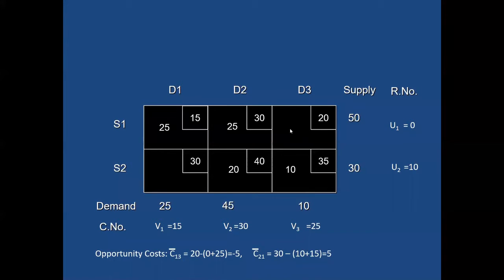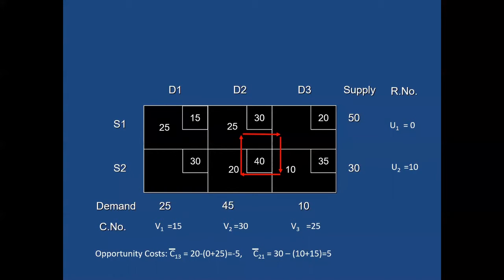So if I start the circuit from here, let us go down. So that's my first arrow. I'm coming to 10, and from here, because it's occupied, I can make a turn. I come to the cell S2D2, again turn upwards to go to S1D2, and then finally to the cell from where I have started. So this completes my loop or the closed circuit or the closed route.